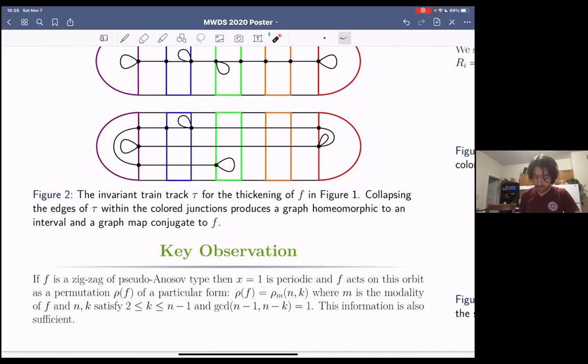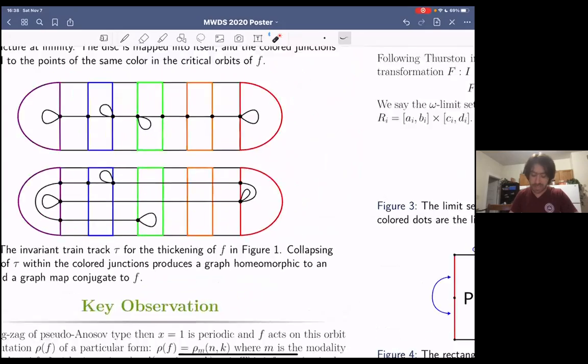I haven't written down a formula, but the important thing is that this permutation is indexed by 2 integers, n and k. And these integers satisfy the property that n-1 and n-k are coprime. And it turns out that a zigzag map having this kind of permutation action on the periodic orbit of x equals 1 is enough to tell you that it's a zigzag map of pseudo-Anosov type.